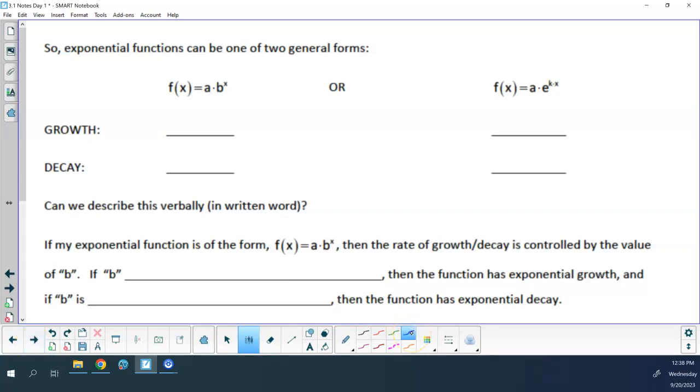For growth, B would have to be bigger than 1. For growth, K would have to be positive. Just makes it easier. It's just nicer. With decay, B is in between 0 and 1. K is less than 0.